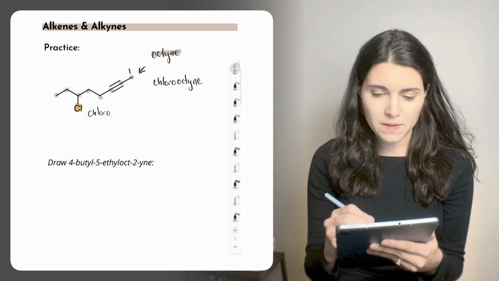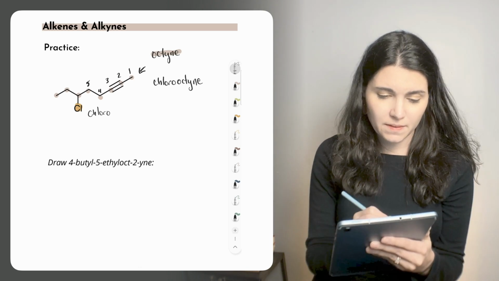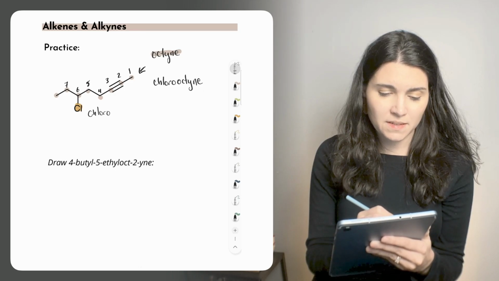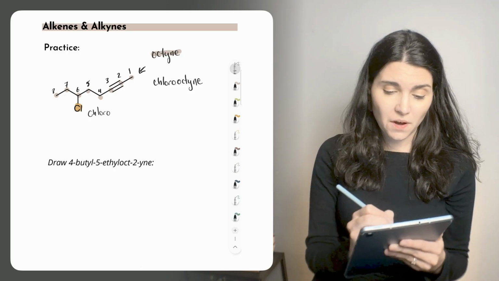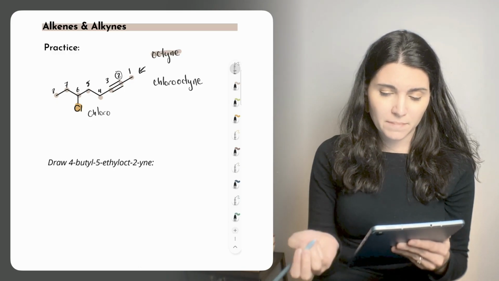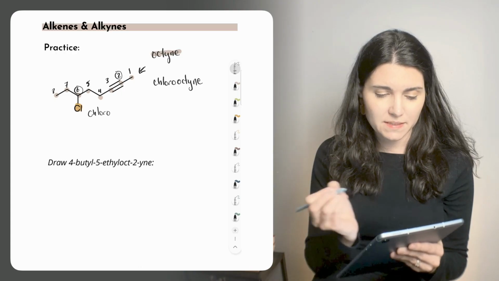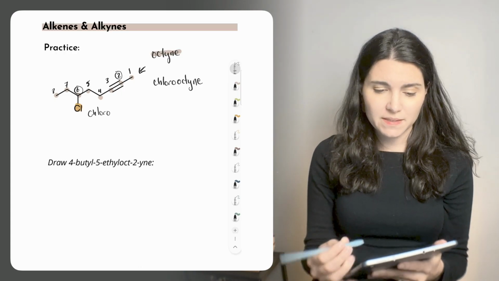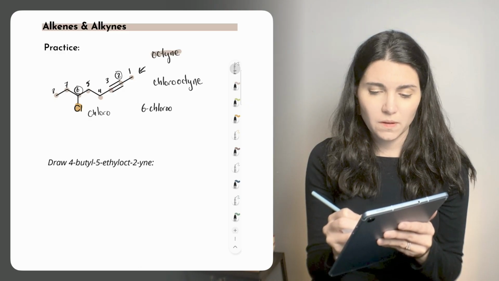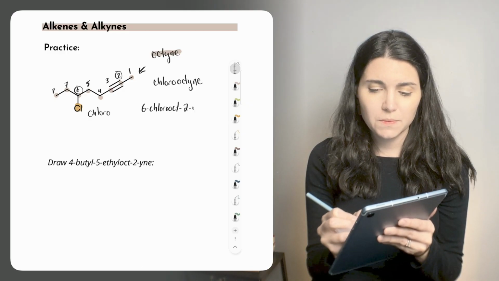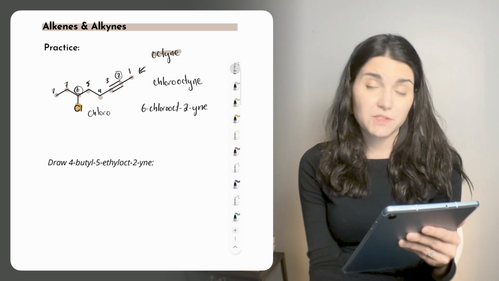So 1, 2, 3, 4, 5, 6, 7, 8. So our triple bond starts on carbon 2, and our chloro substituent is on carbon 6. So we put those locants in, 6-chloro-oct-2-yne.